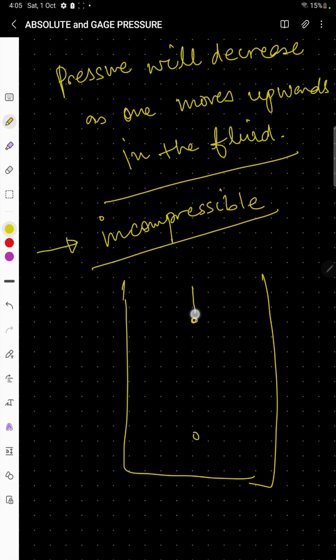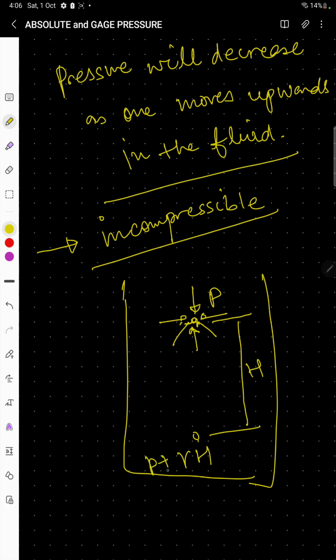This point is subjected to a pressure, let's say P in all directions, and the difference in level of these 2 points is, let's say, H. So the pressure at this location will be higher by gamma H, that is P plus gamma H.